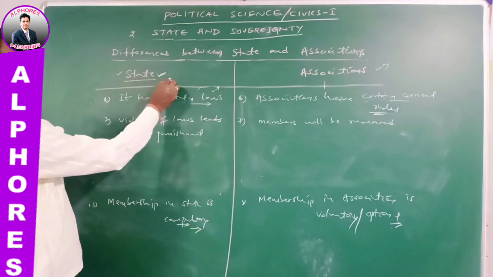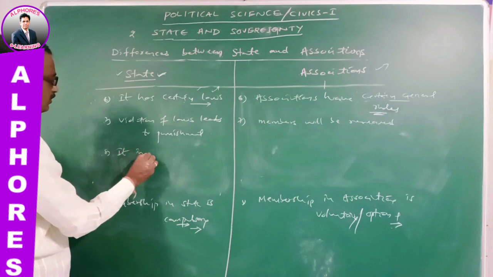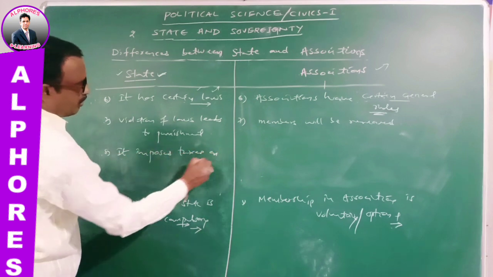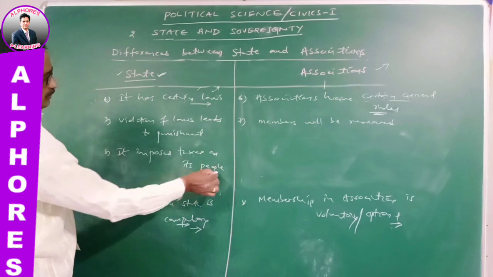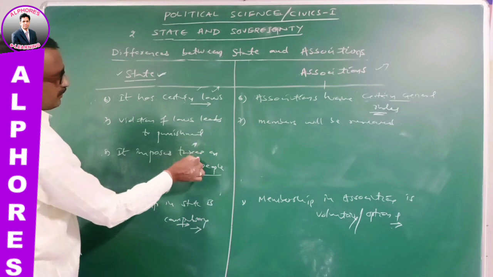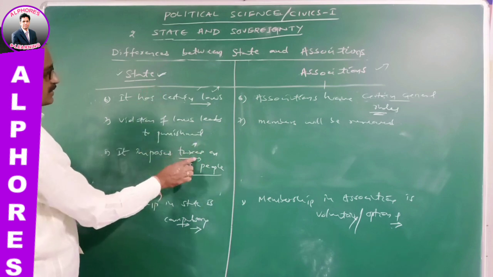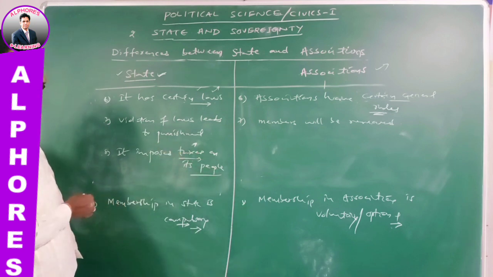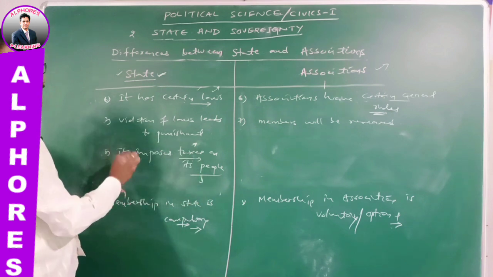Next, one more difference. The state can impose taxes on its people, because for revenue the government must impose taxes. Through taxes it will formulate and implement various programs and policies for the welfare of the people. And so the people must pay the taxes to the government in time.